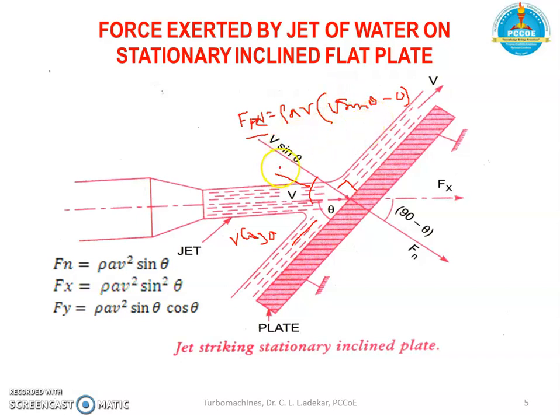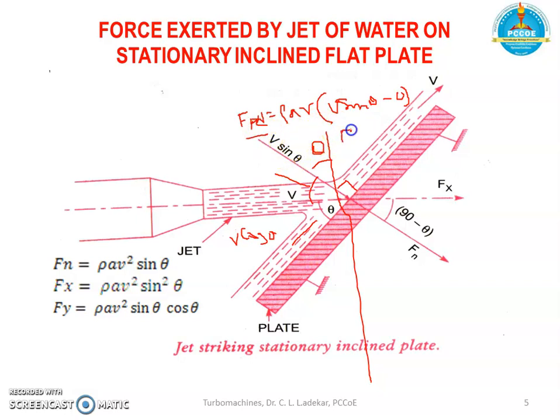Since this is the theta angle, this normal directional force is going to make an angle with this. If you drop the perpendicular, this is theta, this is 90 minus theta, this is again theta.